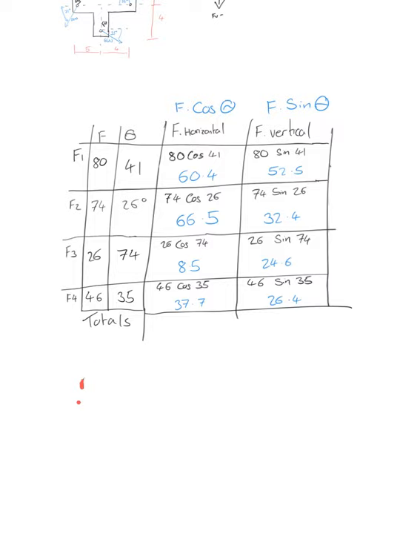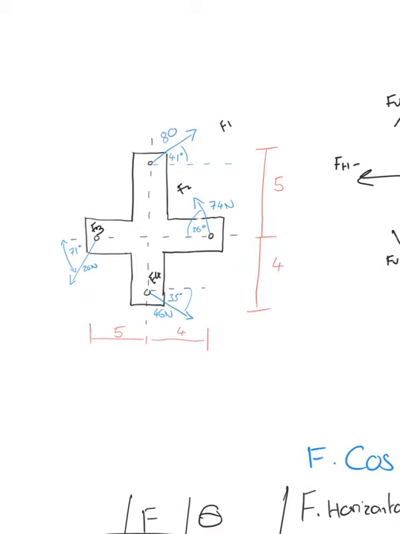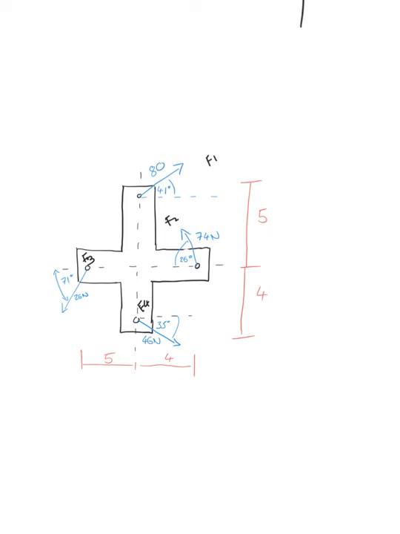To figure that out, I can redraw my shape from the start of the question. Okay, so I've copied it. If you're doing this on pen and paper, you will have to redraw it. But before I remove my blue arrows, I can think about what way my force should move to get to that same point. For F1, I have to move to the right horizontally and up vertically.